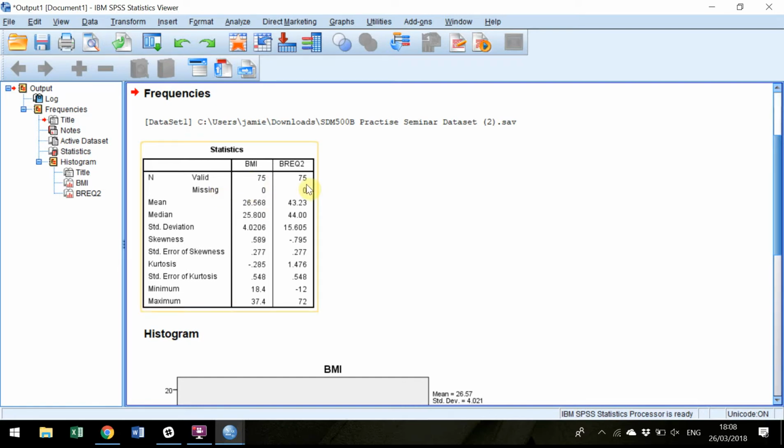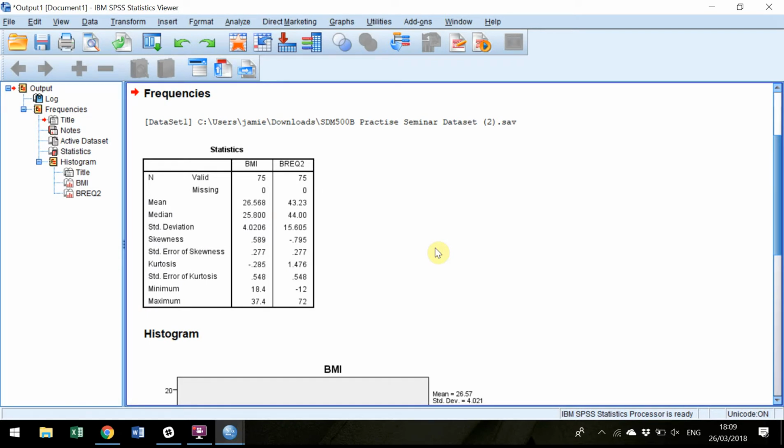We've got 75. The mean and the median on both seem to be, well, let's take them one at a time. BMI. Knowing what I know about students, the mean is 26, which is just over into overweight, but most of these people were athletes, sports students, so we'd expect them to have a high muscle mass. So it's not too strange at face validity that their BMI is quite high. We've got a standard deviation of 4, which isn't very much.